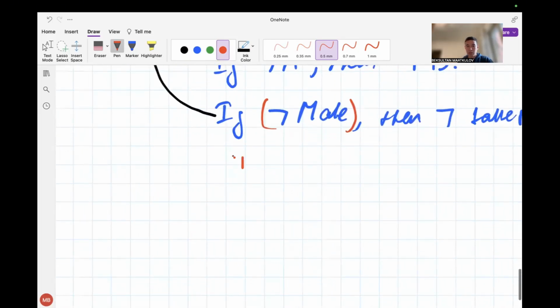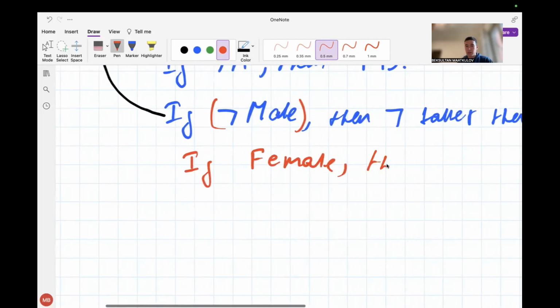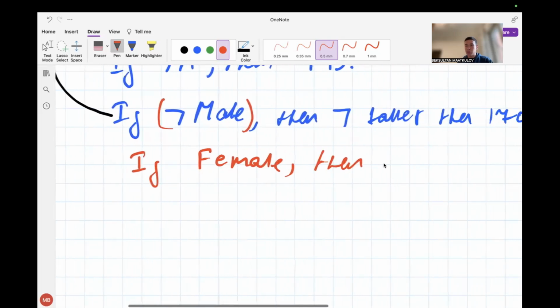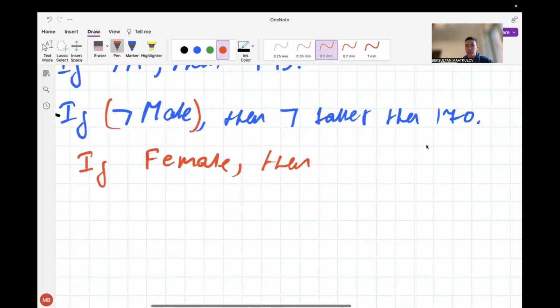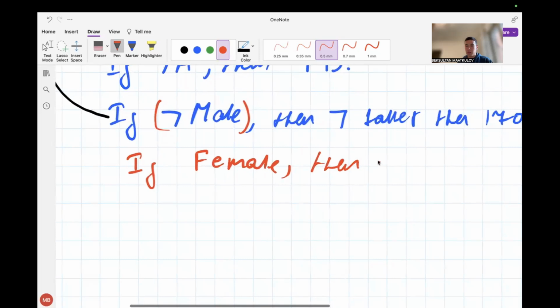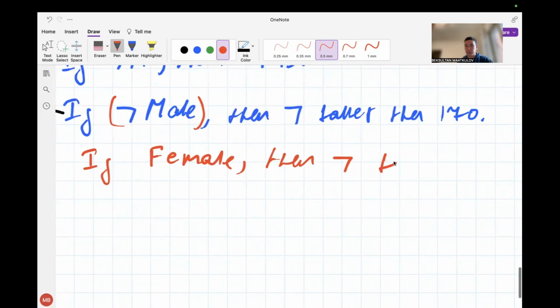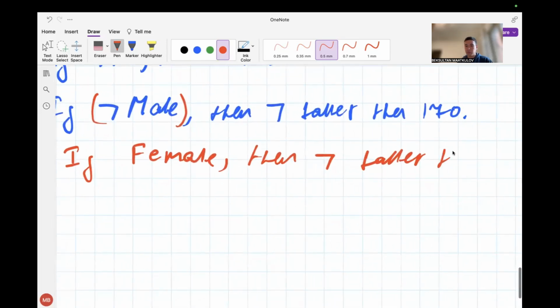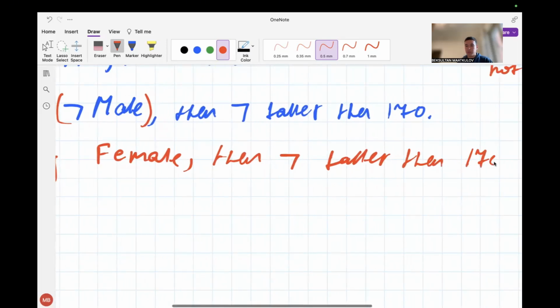So now we've got, if you are female, I'll not write you, let me just write if female to shorten it. Then you are not taller than 170 centimeters. Then not taller than 170.